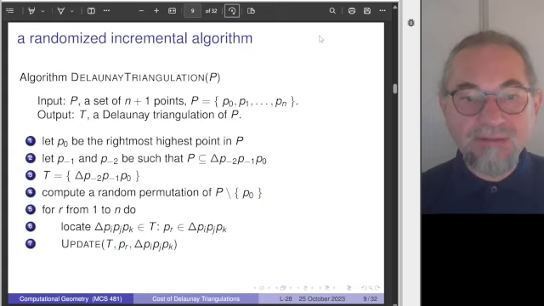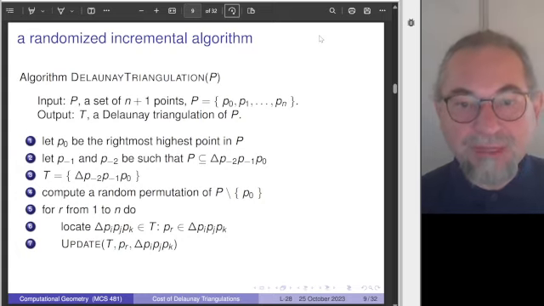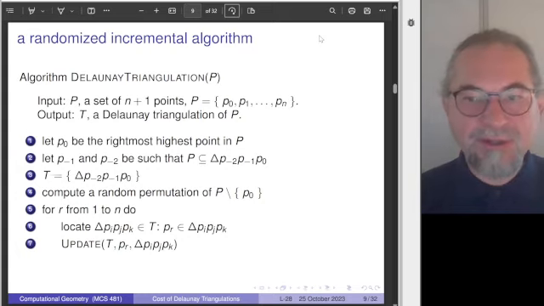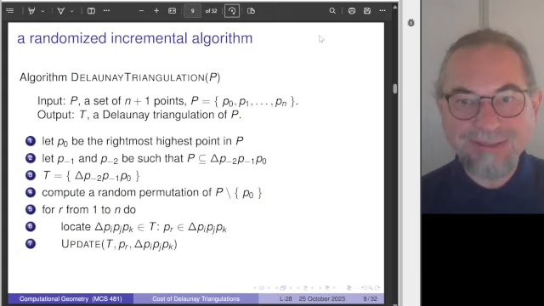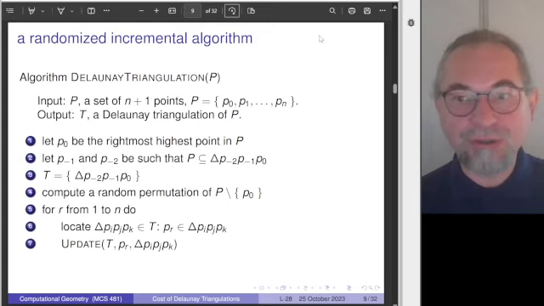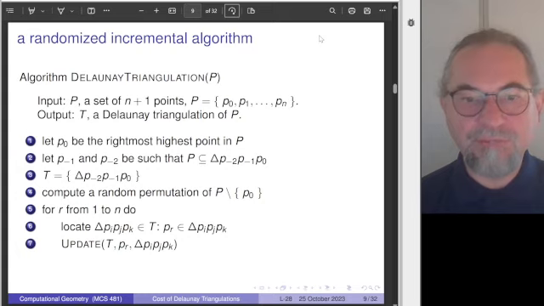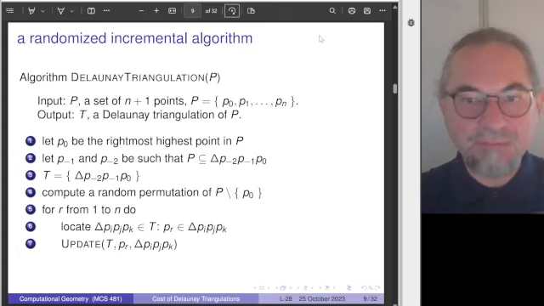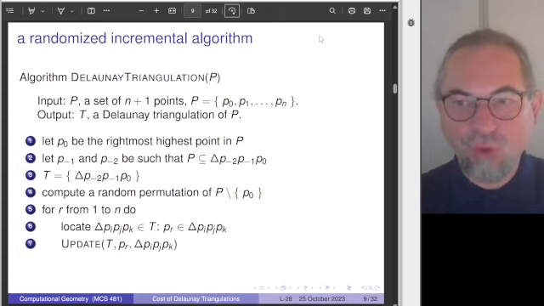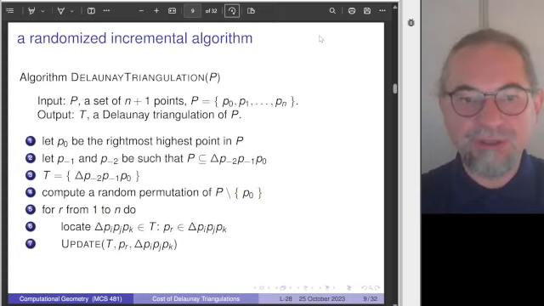Now there is a random permutation of the input points minus the highest point. Why do we do this? That makes the algorithm randomized. We've seen that we can compute a random permutation in time linear in the number of points, so that is a step that is easily absorbed in the entire computation.